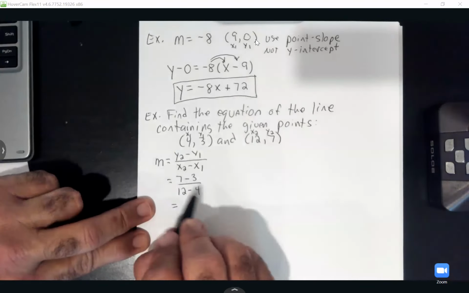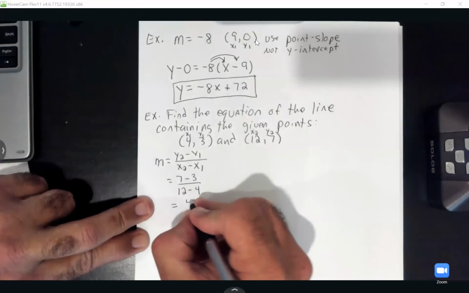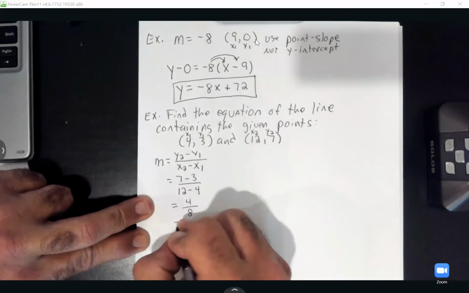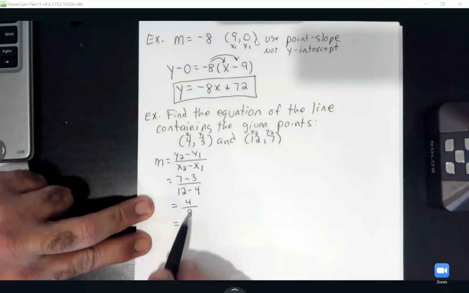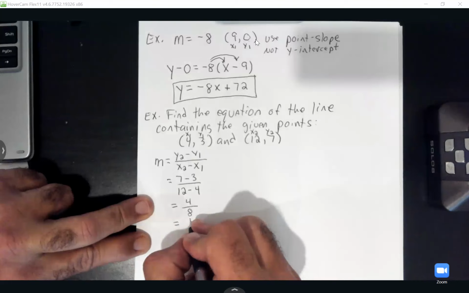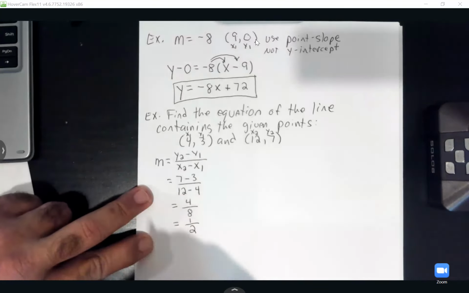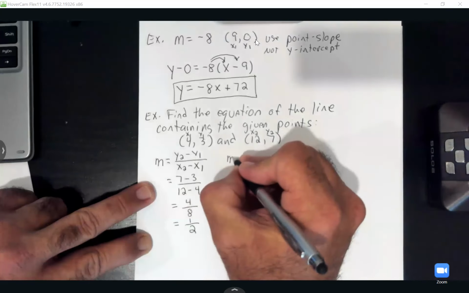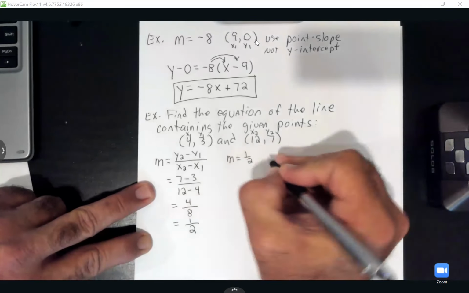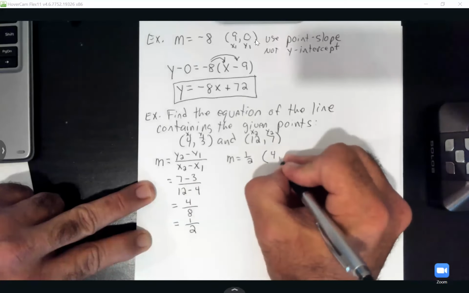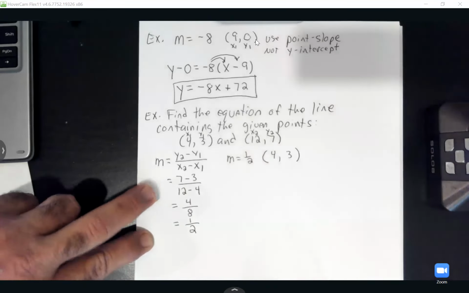All right, y'all, so let's see what we get. 7 minus 3 is 4 on the top. 12 minus 4 is 8. And guess what? We can reduce this fraction from 4/8 into 1/2. So we now know that our m is 1/2. So now I'm going to use the first point, which was (4, 3).